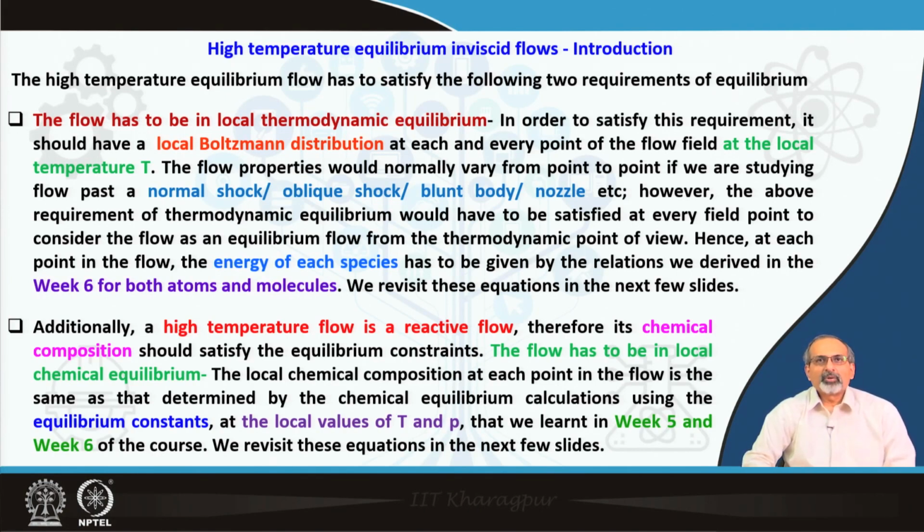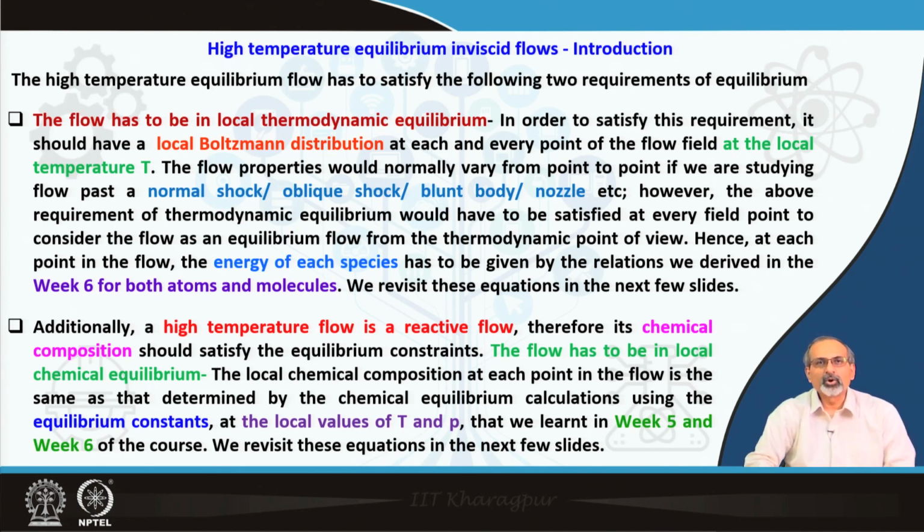To introduce the topic, we would like to state that high temperature equilibrium flow has to satisfy the following two requirements of equilibrium, namely local thermodynamic equilibrium and local chemical equilibrium, which are explained and elaborated under these two bullet points.